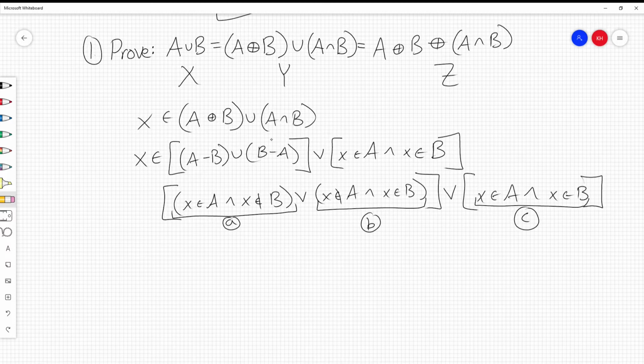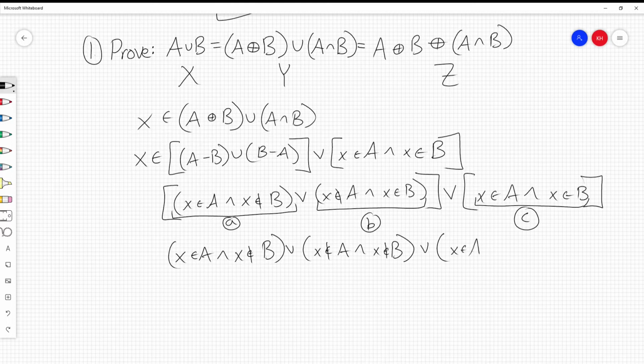So in this scenario, it's a little trivial how many steps you would show. To me, as long as you show that you have these 3 options available, and it's one, this, or that, because if we just get rid of these bars here, since we only have or statements, then we'd have x is an element of A and x is not an element of B, or x is not an element of A and x is an element of B, or x is an element of A and x is an element of B. Right?